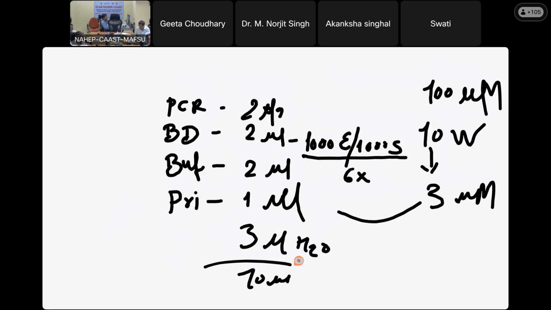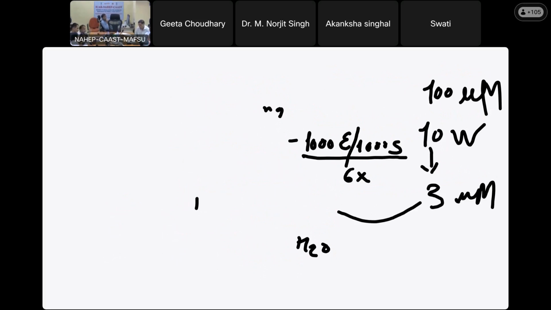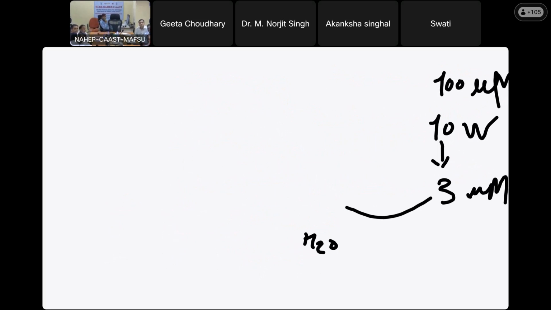Okay, and this 10 microliters you have to put in the thermocycler, and cycling conditions may vary a little bit.